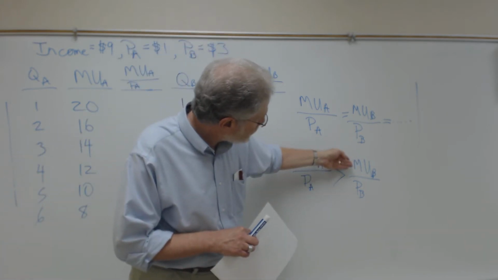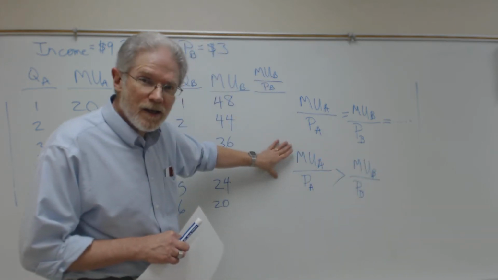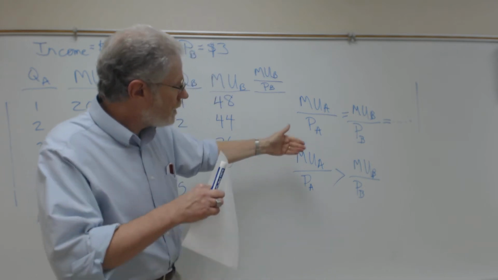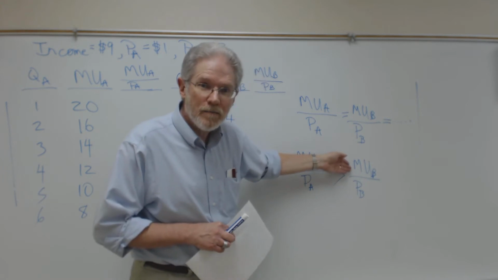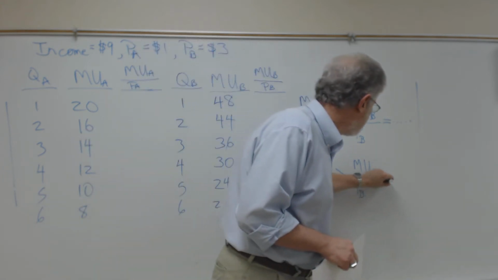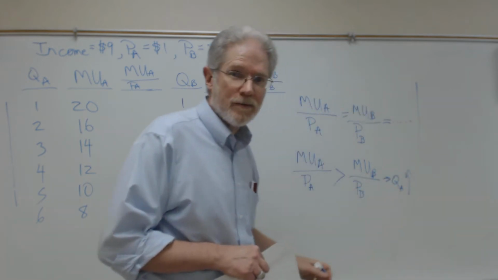This is the extra utility you get from spending an extra dollar on bananas. Well, if this is the case, it means that by spending an extra dollar on apples, you're going to get more benefit, more utility, than if you spend that dollar here. And so if this is the case, what you need to do is increase your consumption of apples.